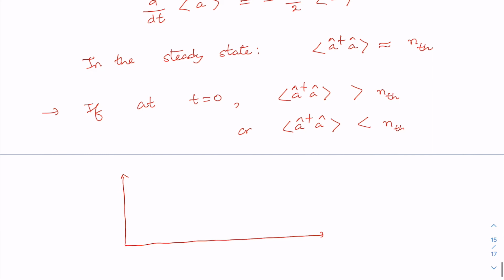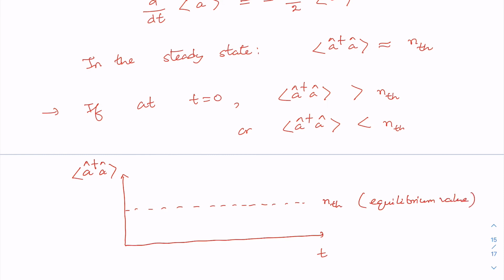Here the y-axis is the expectation value of a dagger a, and this is time, and at thermal equilibrium it is going to reach the value n_th, the equilibrium value.